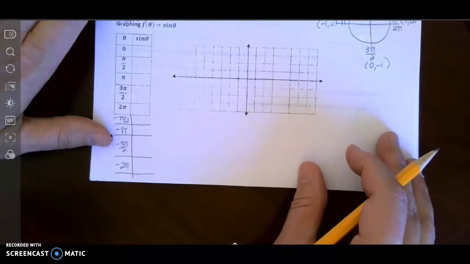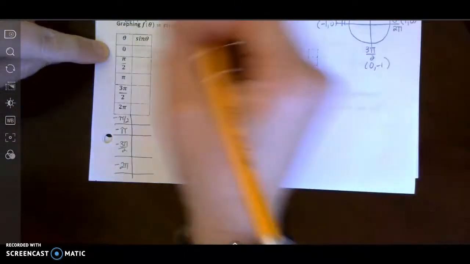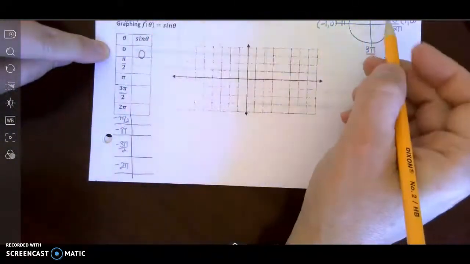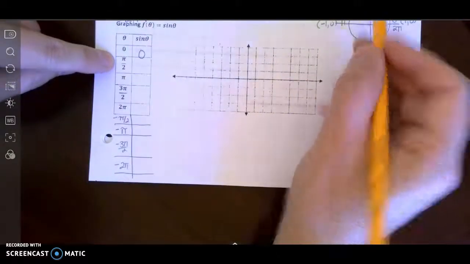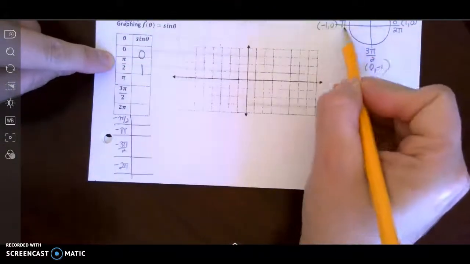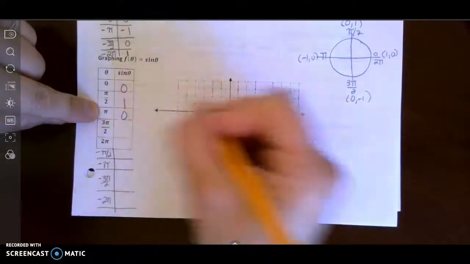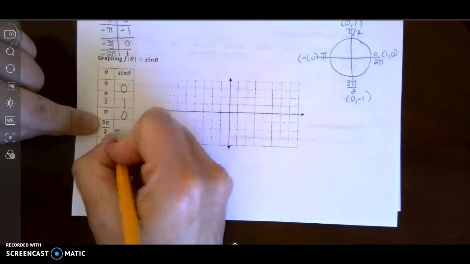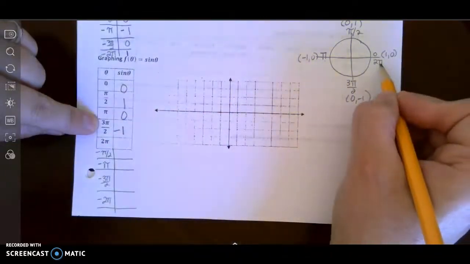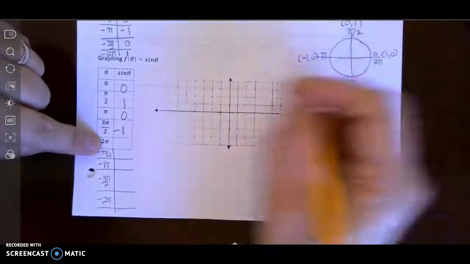Sine, remember, is the y coordinate. At 0, I'm at 0. And at pi over 2, I'm at 1. At pi, I'm at 0. 3 pi over 2, I'm at negative 1. And at 2 pi, I am at 0.